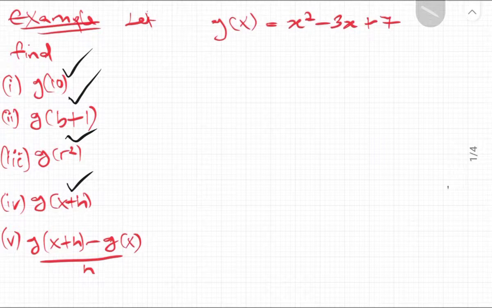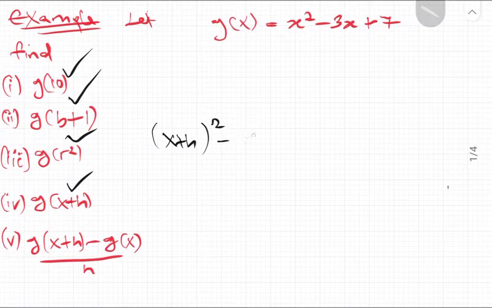Okay, let's see. So we have g of x plus h. So in place of x, we put x plus h. So the first one, we have the function, which is x squared minus 3x plus 7. So anywhere we see x, we put in what? x plus h, we have squared.